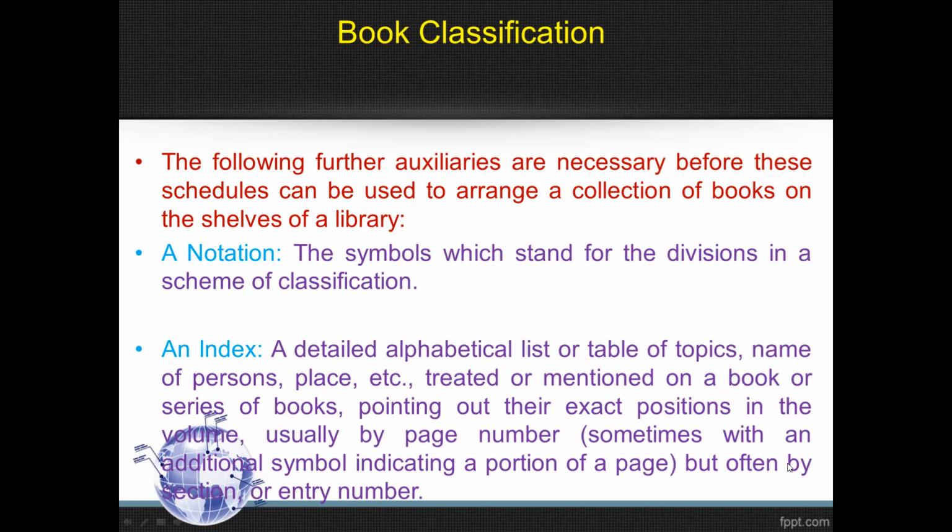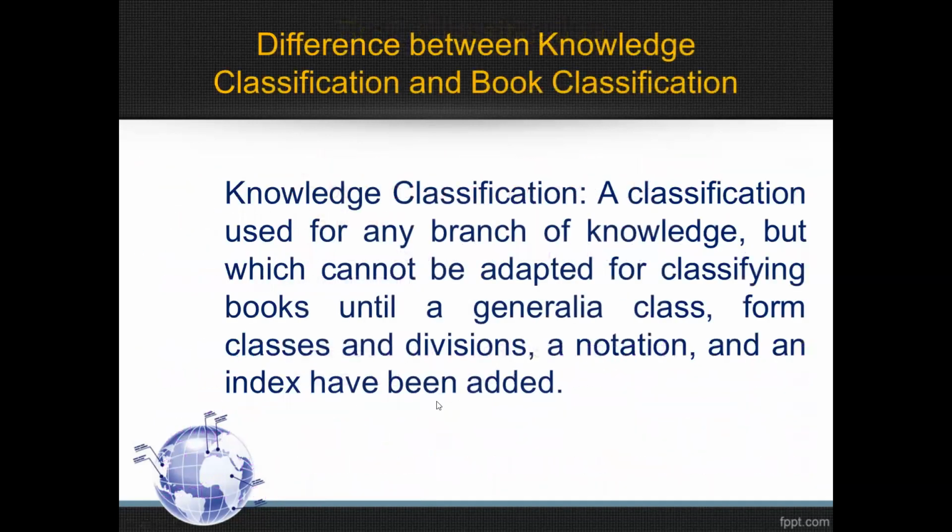And in classification we are also using the index, that is a detailed alphabetical list or table of topics, according to the name of the person or place treated or mentioned in a book. It may be the series of the books, pointing out their exact position in the volume. So notation will be there in book classification, and indexes will be there too.